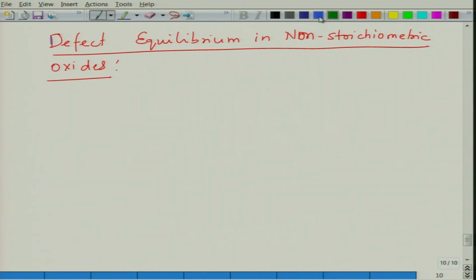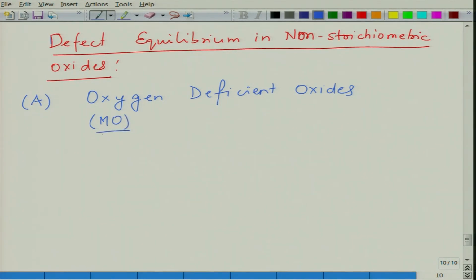Let us take the first case of oxygen deficient oxides, which means we consider the case of MO, let us say. So, what are the possibilities? The possibilities are when oxygen vacancy dominates.